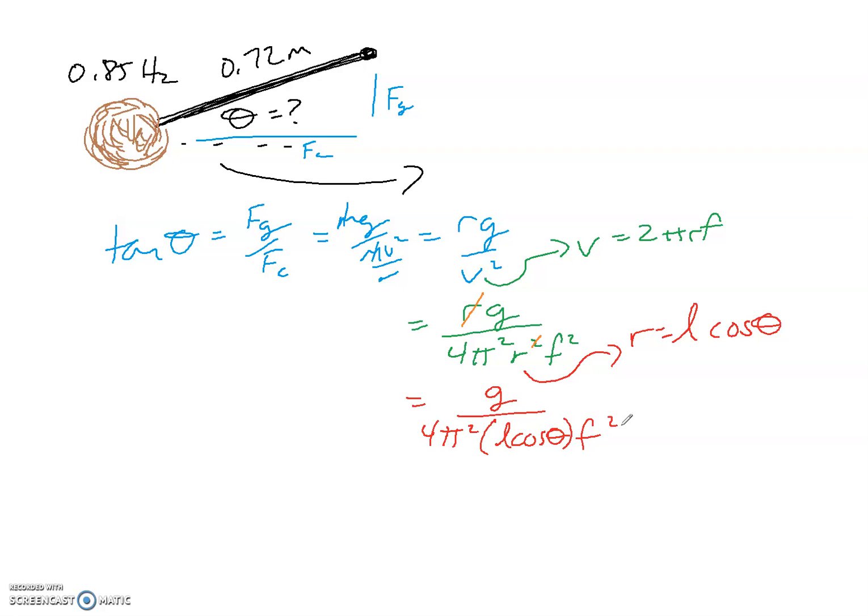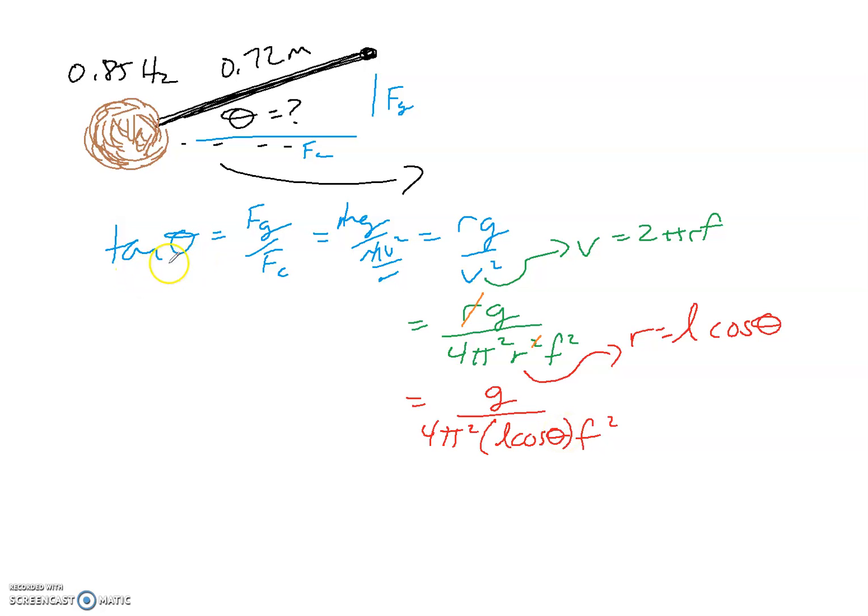Now this looks like just a big mess of stuff, but if we do a little check, g I know, 4 I know, pi I know, length I know, cos theta I don't know, f I know. The only thing here I don't know is the angle, and the same thing over here. So now I'm down to one unknown. I should be able to solve it. Now, of course, this is tan theta, this is cos theta, so they don't really match up.